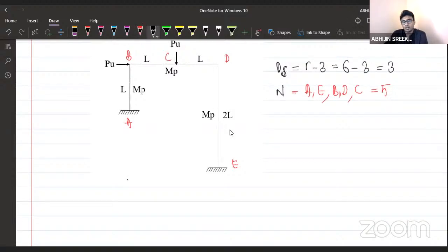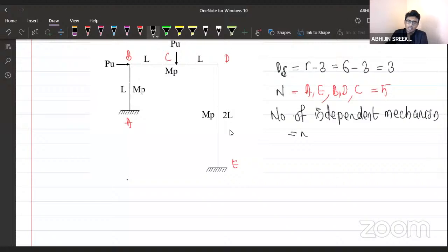Perfect answer. Now I need to discuss the number of independent mechanisms. How many independent mechanisms are possible? N minus DS, the number of possible hinges minus the degree of static indeterminacy: 5 minus 3 is equal to 2. Two mechanisms are possible.